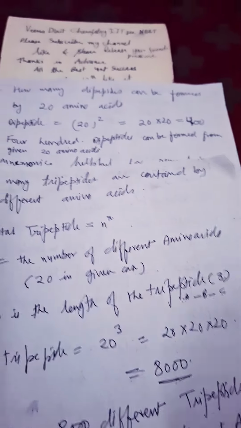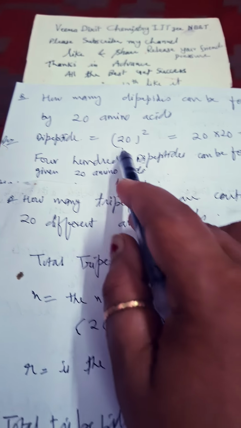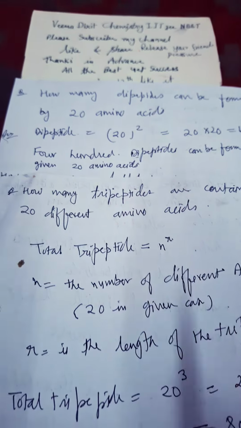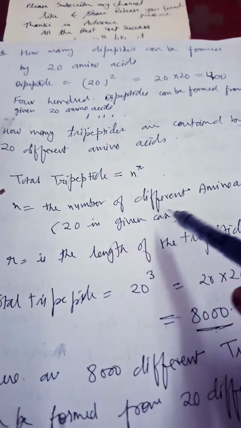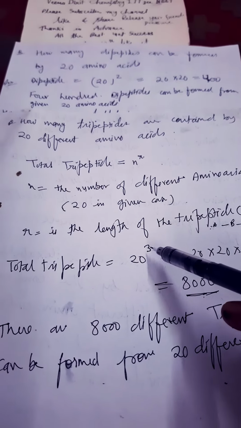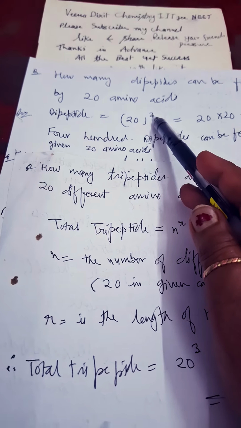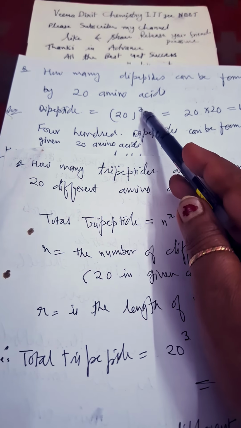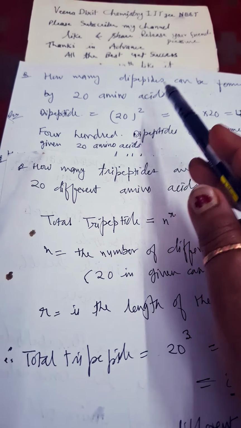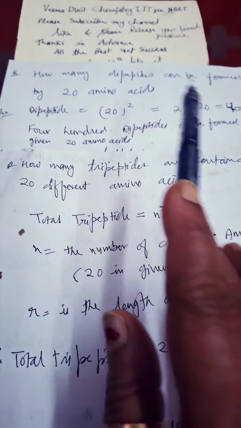Again I will repeat this. When a dipeptide is there, I have written 20 power 2. When a tripeptide is given, I have written here 20 power 3, because tripeptide means 3 amino acids, and dipeptide means 2 amino acids should be there in the peptide. In a dipeptide, 2 amino acids are linked through the amide linkage.